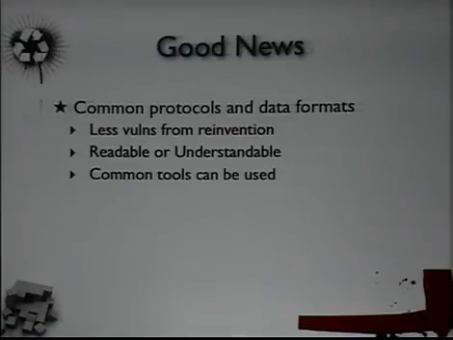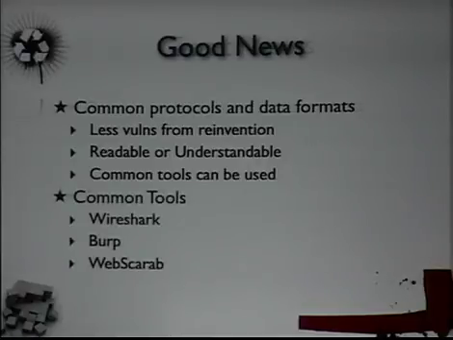So there's less vulnerabilities from a reinvention perspective, so you don't have to worry about things at that much lower level. And they're also readable and understandable. So if you don't know what JSON looks like, it's very easy to find out what that is from a couple of searches. And it also means your standard common tools can be used to analyze API calls. So you can use your standard Wireshark, Burp, WebScarab, whatever you want to analyze these.